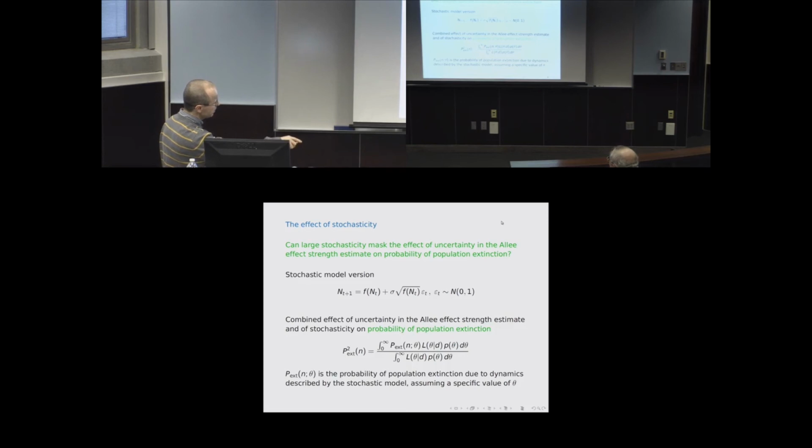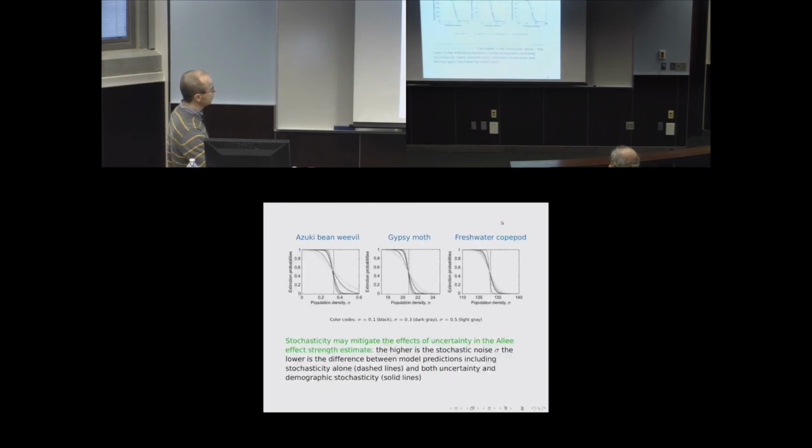So we just have this integral here to estimate the probability of population extinction given both uncertainty in the parameter estimation and demographic stochasticity. And if we look at the results, we have a couple of curves here.